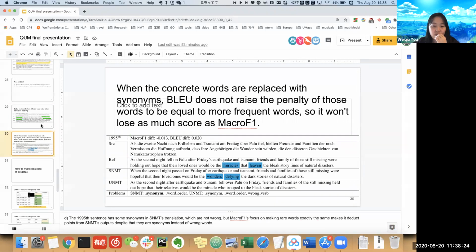Cool. Any more questions from the audience or comments? If not, I was wondering, keeping all these findings in mind so far, what would be your overall takeaways or recommendations for both BLEU and this macro F1 and just qualitative analysis?